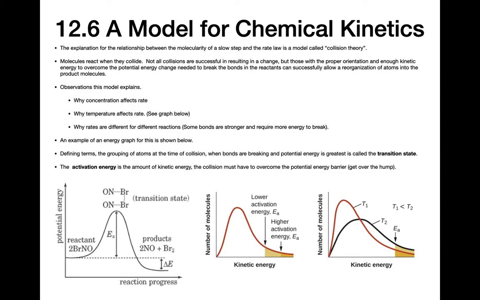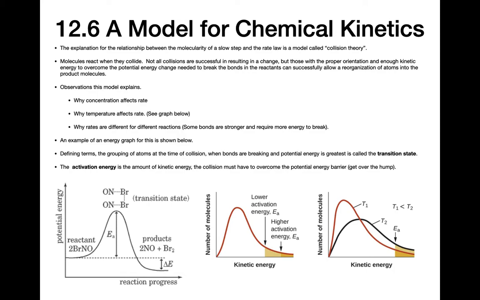So one way to understand this model is to look at what happens to the potential energy as the reaction occurs. Previously we've talked about how if the reactants have more energy than the products, it's exothermic, and if the reactants have less energy than the products, it's endothermic. But we didn't really show the part of the graph in between the reactants and the products. We just connected the reactants to the products with a straight line.